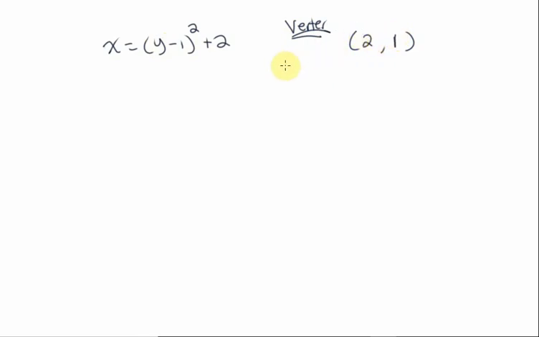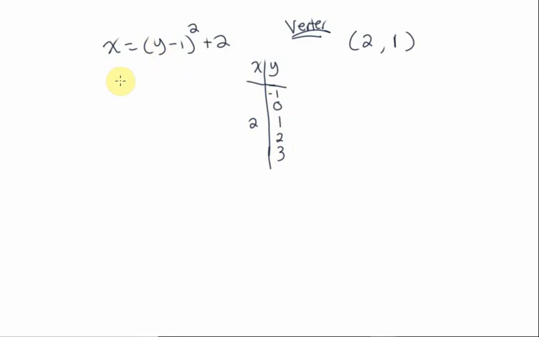Now, I'll go ahead and tell you that's probably what we're looking for, right? Let's go ahead and make our xy table, and let's put 2, 1 in the middle, and let's pick. Now, once again, what am I plugging in this time, x or y? So let's pick 2 numbers on each side of y, and let's see if we get that symmetry. Then we know we did things correctly.